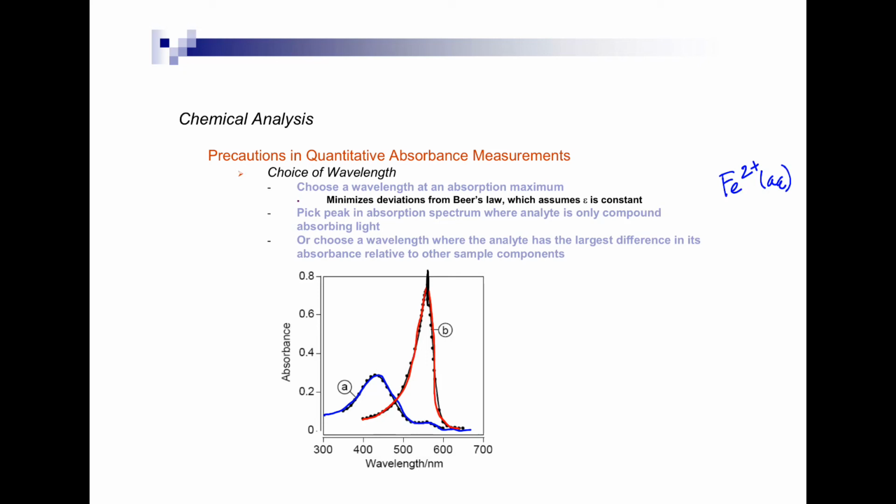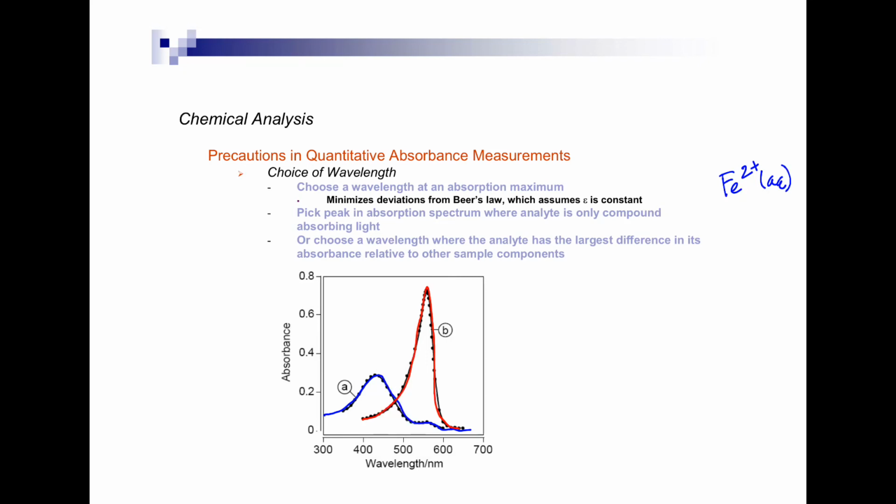What we don't want to do is pick a wavelength that equally represents both of our things that are absorbing. So if we pick something in, say, the 470 range, which is right about here, we're observing the iron spectrum, but we're also observing our solution spectrum.